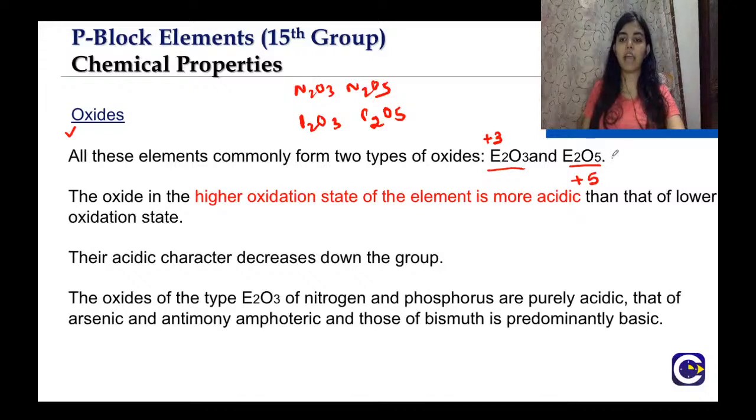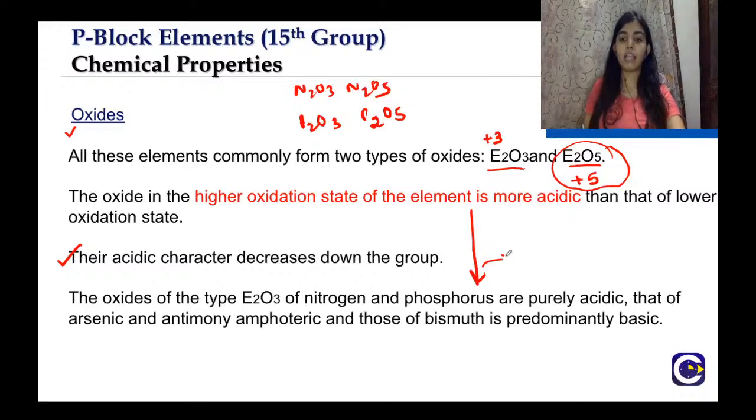So here you can see that the higher oxidation state will have more acidic character than the lower oxidation state, right? Now the second thing is that the acidic character decreases down the group. This can also be explained on the basis of metallic character. We already know that down the group, metallic character increases.